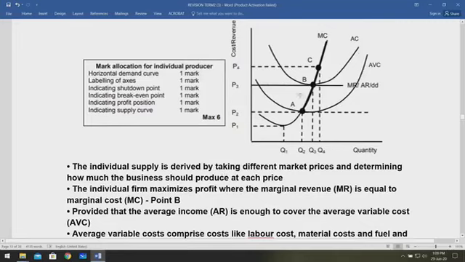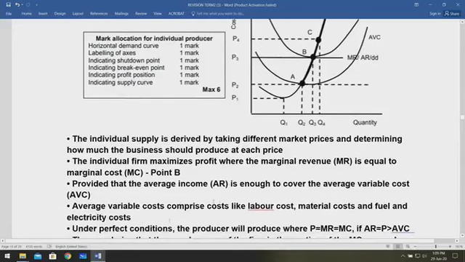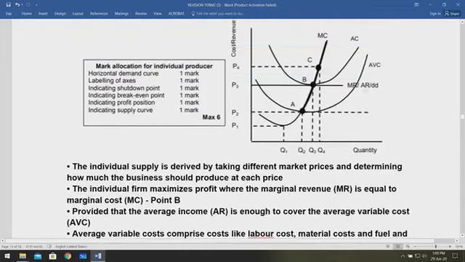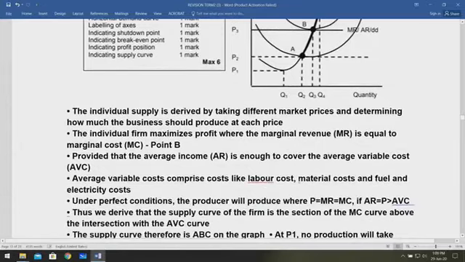So we see there his average income is at P3 and his average variable cost is at P2. Average variable cost comprises costs like labor, material, fuel, electricity, etc. So under perfect conditions, the producer will produce where P is equal to MR is equal to MC, that point there. That's where you will produce, which gives you Q3.